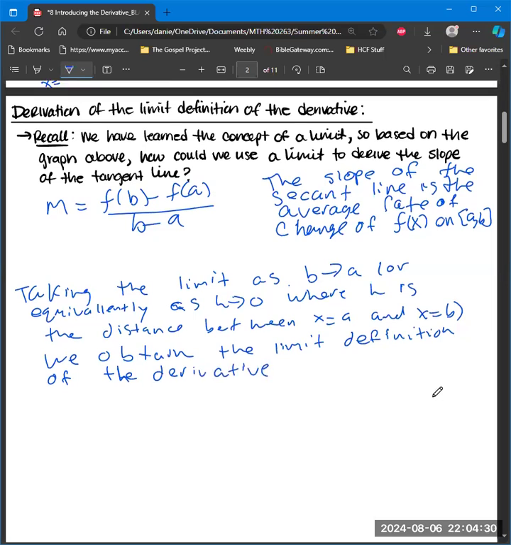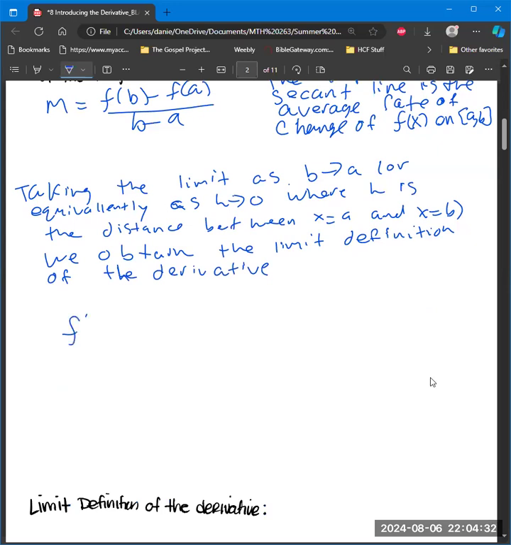And we just made note of this earlier, but this is f prime of a. It's going to be equal to the limit as h goes to 0 of f of a plus h minus f of a divided by h.